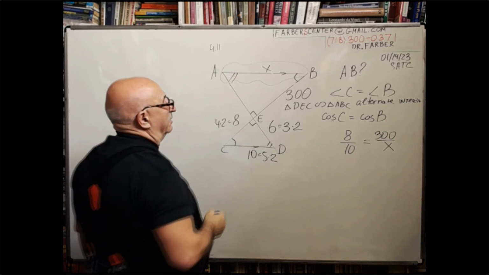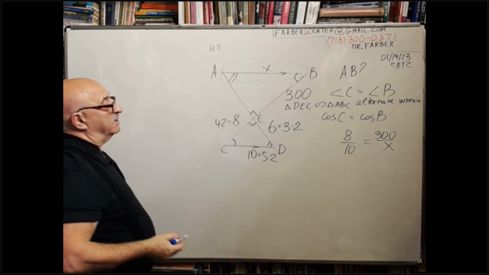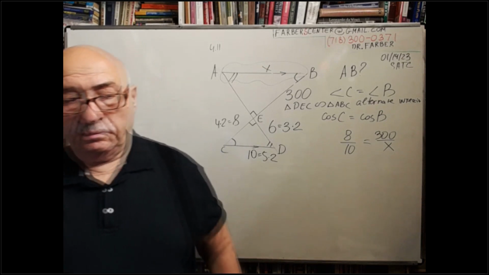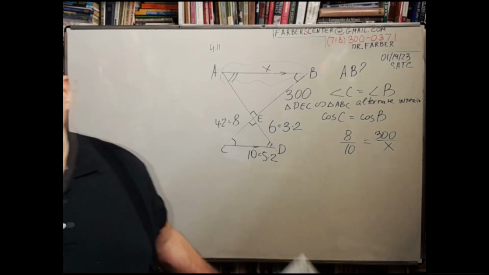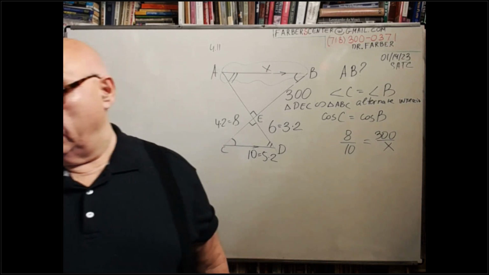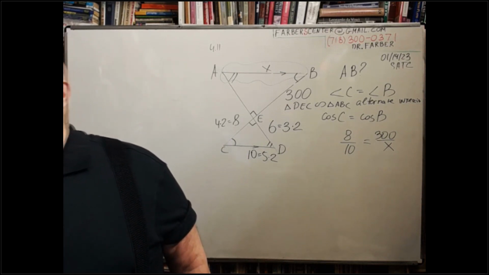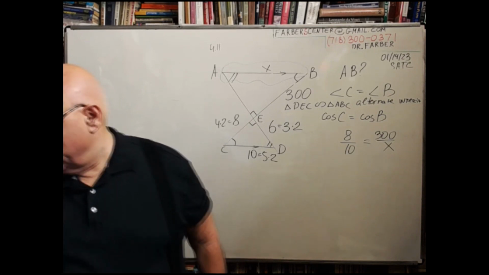Angle, angle, angle. If it's similar, the sides are in proportion. Understand up to this point, 100%. You don't need this cosine. This cosine is only a hint on how to never make a mistake in your proportions. If you have any question, ask me.